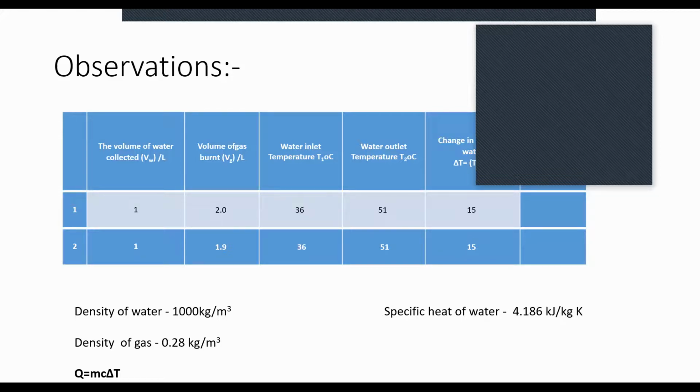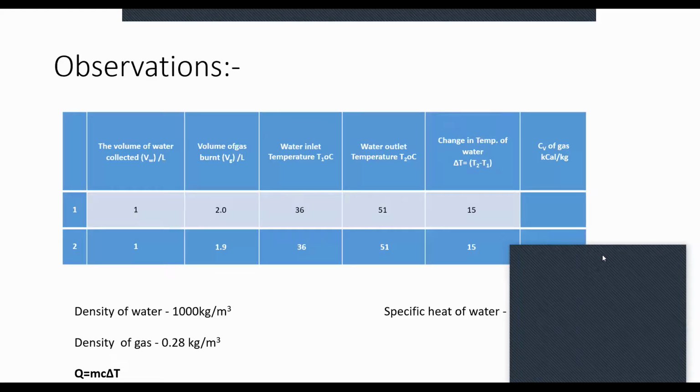Right. Whoever is going to tell me the calorific value first will get some benefit in your lab report. So let's see who is going to calculate and tell me the value of the calorific value. I have already calculated, so I know that value. This is a small calculation.